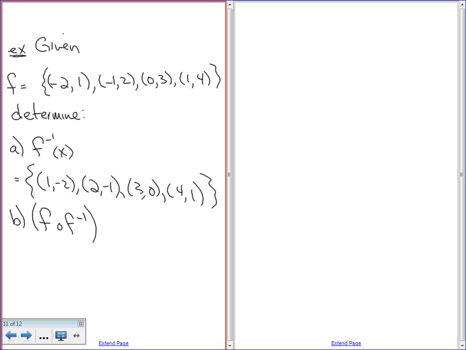Okay. This one requires a little bit more work. So this is the discrete function. So the discrete function, right, it only has certain values for its domain. So the answer for this just isn't x, right, because it's a whole different function.